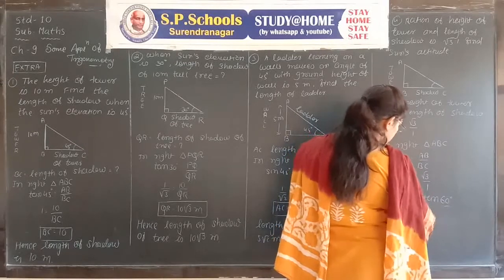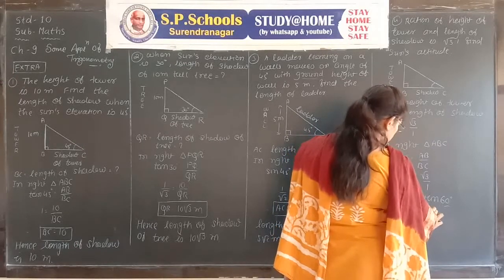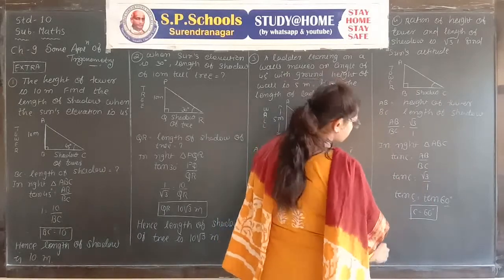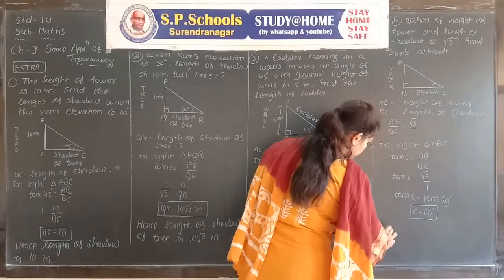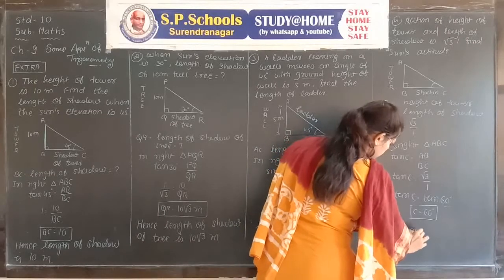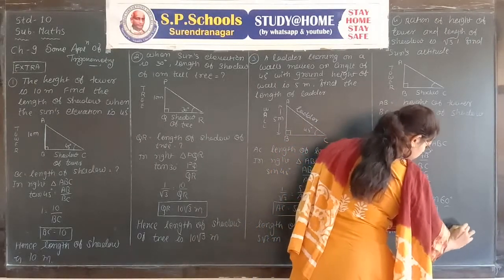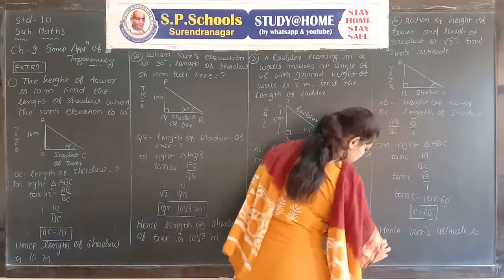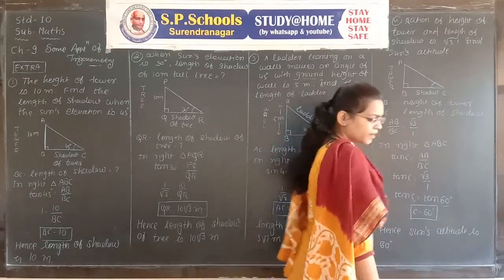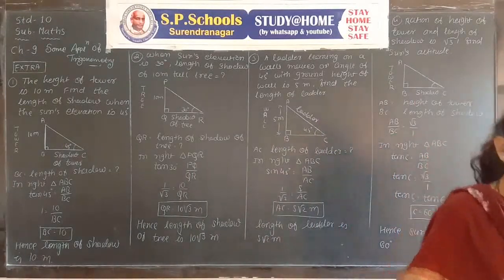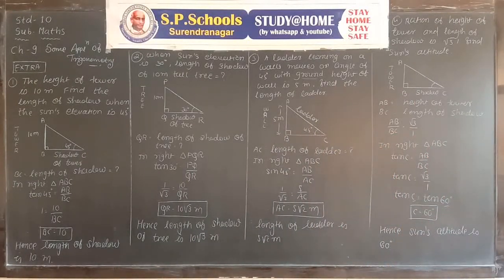Compare, angle C is equal to 60 degree. The sun's altitude is 60 degree. Hence, the sun's altitude is 60 degree. Here the extra four are completed. Now we discuss the next.